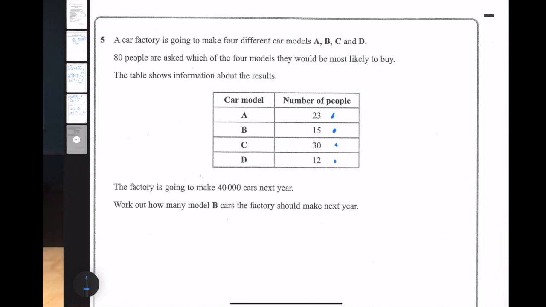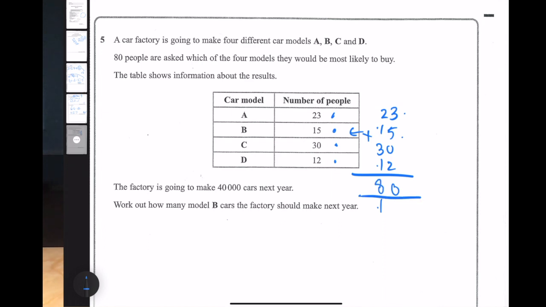So what I would do for this one, I would add them up and say, what proportion is 15 out of the total people surveyed? So add them up, 23, 15, 30, and 12. 3 plus 5 is 8, 8 plus 2 is 10, 2 plus 3 is 5, add the 1, 6, 7, 8.